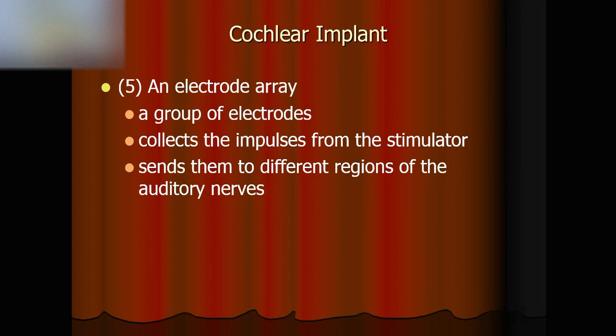So these many electrodes, let's say 22 electrodes, can send 22 different electric impulses to different regions of the auditory nerves. Eventually, these auditory nerves can activate our brain.